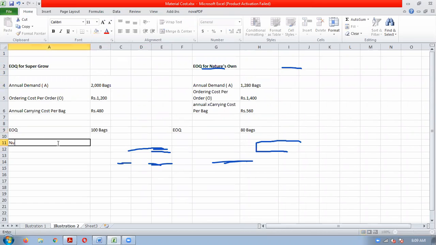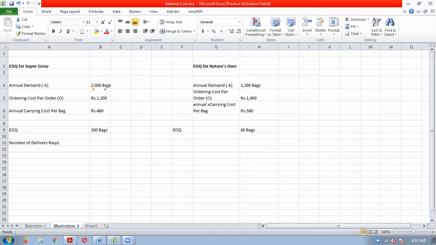So the number of deliveries required will be simple. You require 2000 bags and you will place 100 bags only, so you will require 20 deliveries.